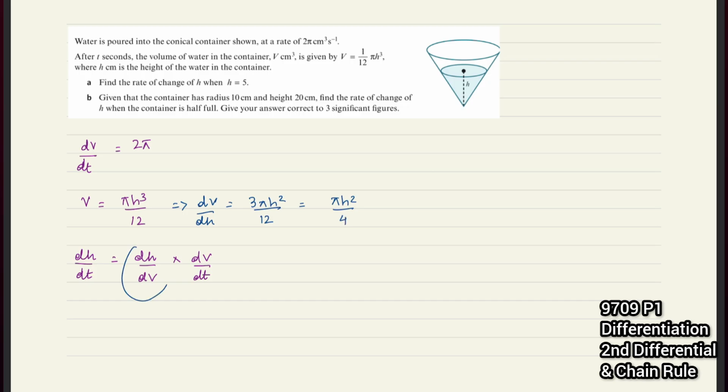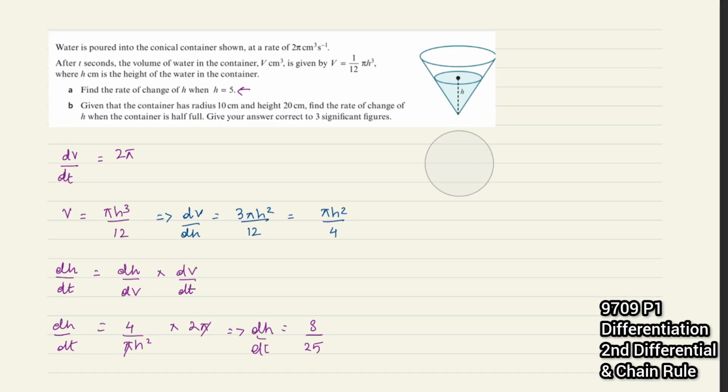When we want to find dH by dV, we will reciprocate it. So dH by dt is equal to 4 upon pi h square into 2 pi. Pi cancels. h is equal to 5 here. So we have dH by dt is equal to 8 upon 25.